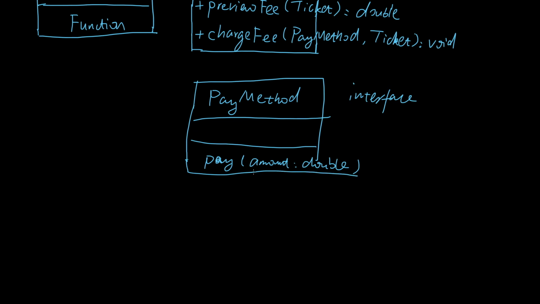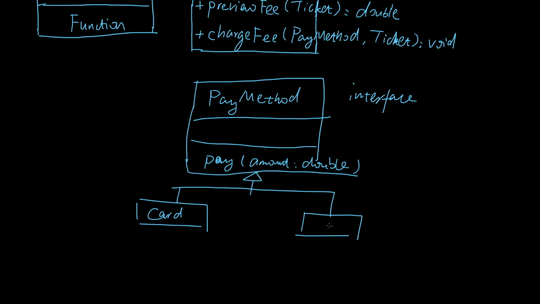Then I think the pay method, we will have something that is able to support this one. So we will have the card. We will also have cash.